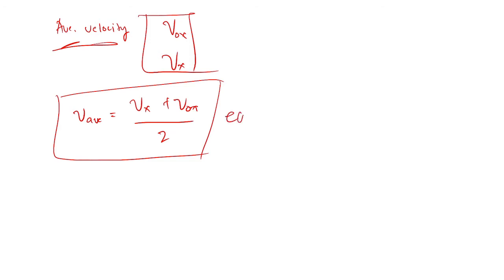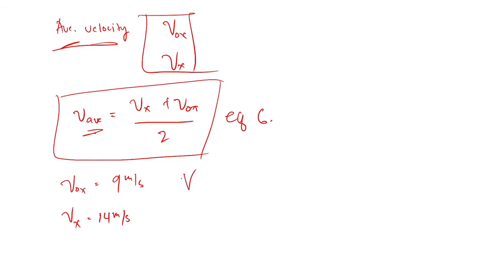So we have here, this is one of the simplest equations so far. This is our equation 6. Meaning to say, if you have two quantities of your velocity wherein you have a v naught like earlier, which is 9 meters per second, then you have a final velocity which is 14 meters per second. If you are to get the average velocity, you just need to average these two out.